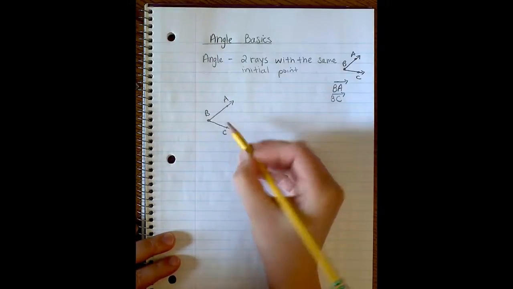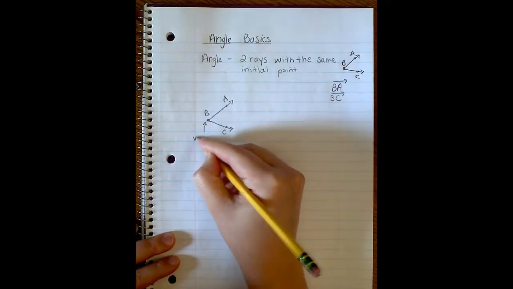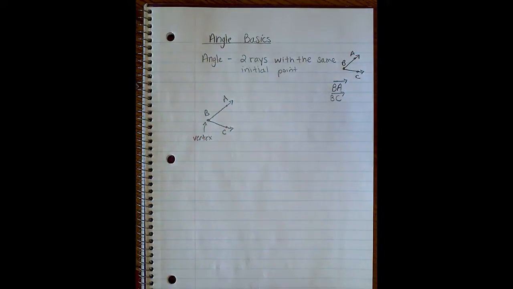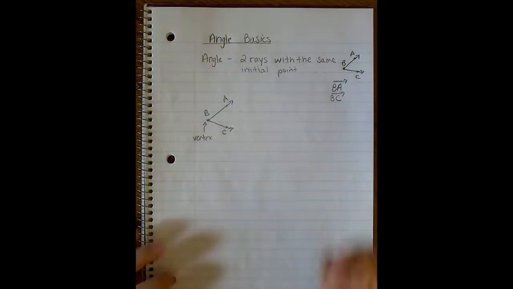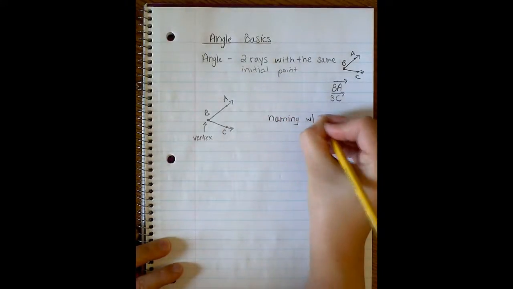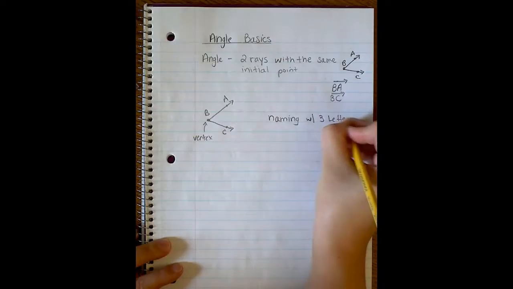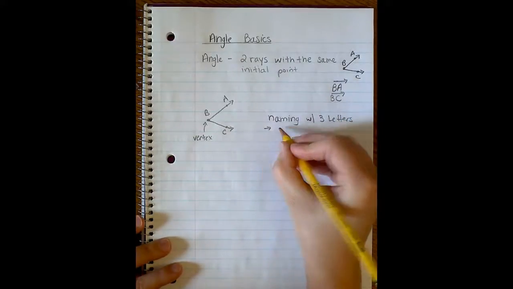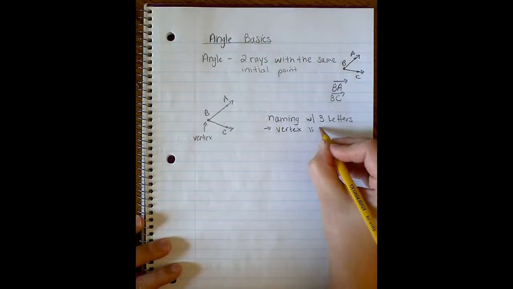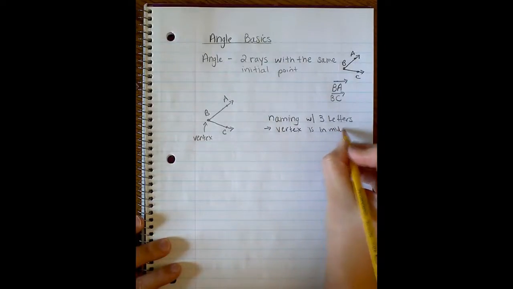So the vertex is the initial point that both the rays share. Naming an angle: the most important thing was that the vertex is in the middle of the name.